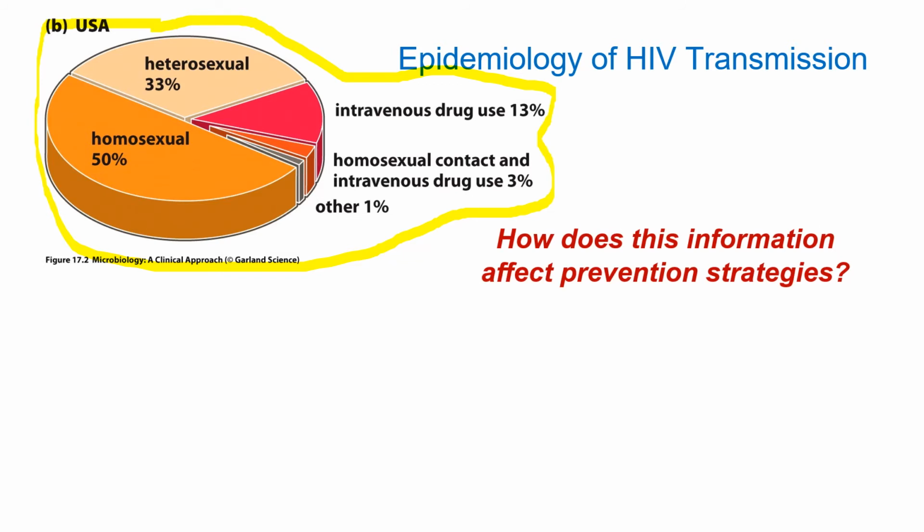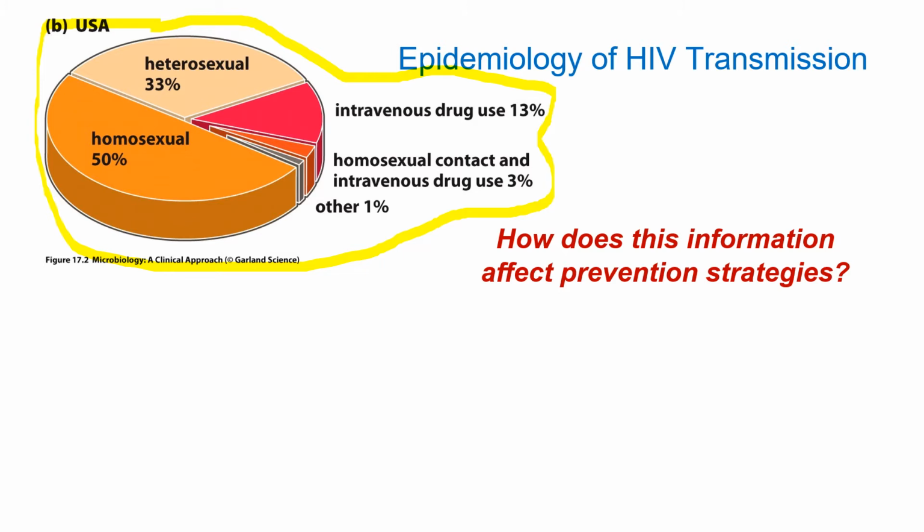So one question I have for you: how does this information affect prevention strategies? You probably know a little bit about this, in that there's lots of education, particularly for HIV, that is targeted towards people who are involved in homosexual male relationships, and of course people that are drug users and sex workers and things like that, and people who may be new to sexual contact, such as high school students or college students.